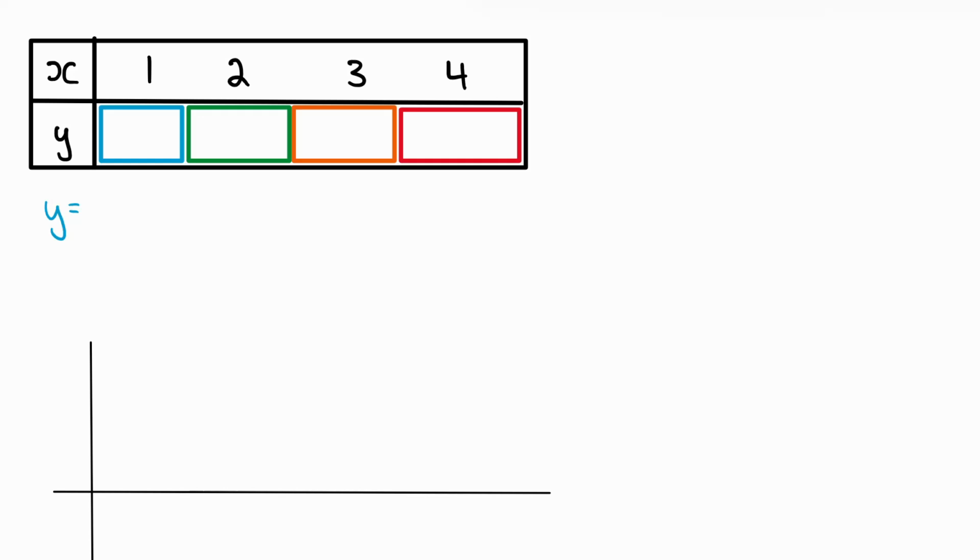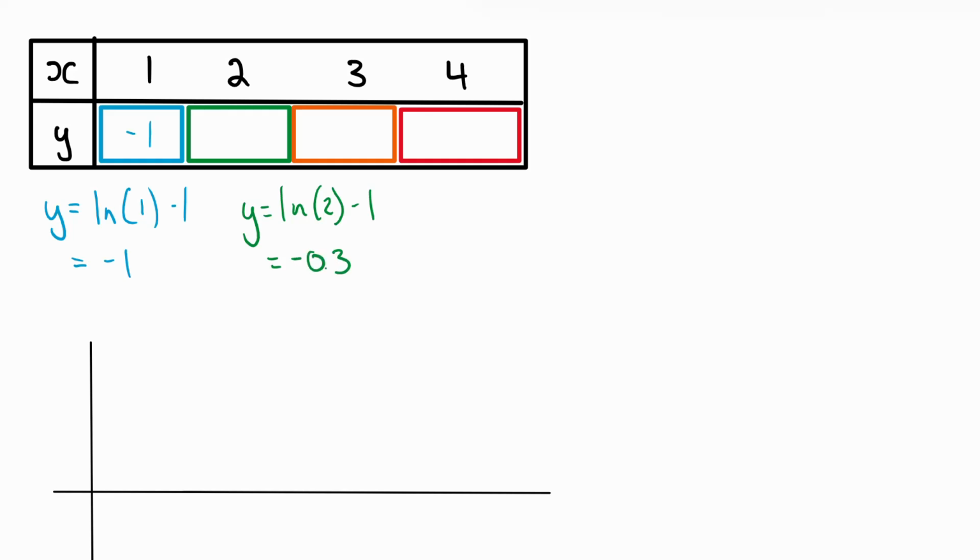Now I've picked these x values. You can pick a different range if you want. You're not limited to these numbers. ln 1, take away 1, equals negative 1. So negative 1 goes in there. Next, if we focus on green, we're going to have y equals ln 2 minus 1, and that equals negative 0.3.